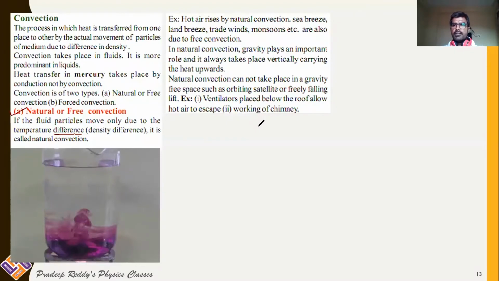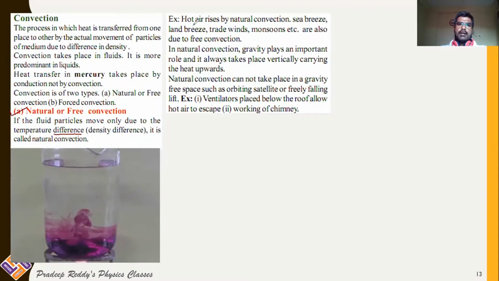The air with greater temperature usually has less density. That less dense air rises up. So hot air goes up, cold air comes down, and the hot air going up, due to the process of convection, goes out of the room through ventilators as well as windows. So that is natural convection taking place in our daily life.